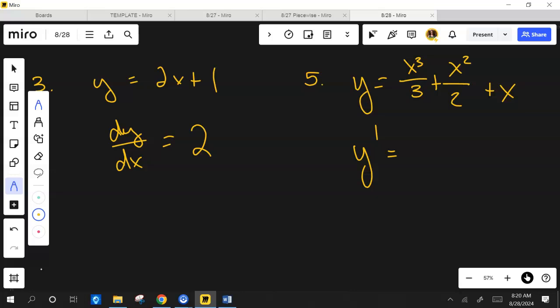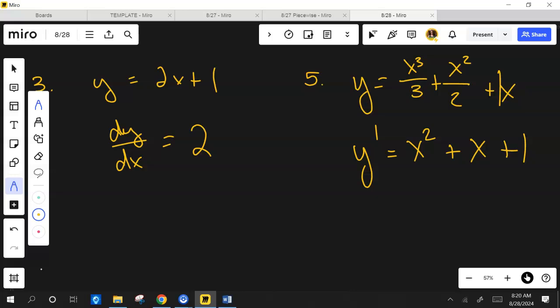So now that you know power rule, what would the first term become? X squared. Because 1/3 times 3 is 1. Take away 1 from the exponent there. How about the next one? How about the last one? Well, remember, this is that one. Is that what you're talking about?